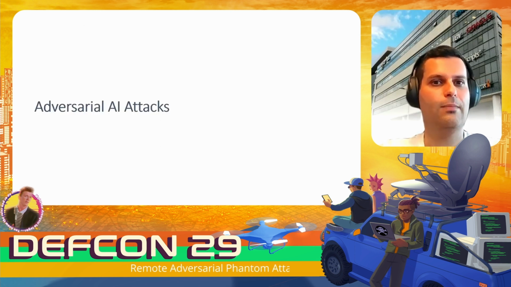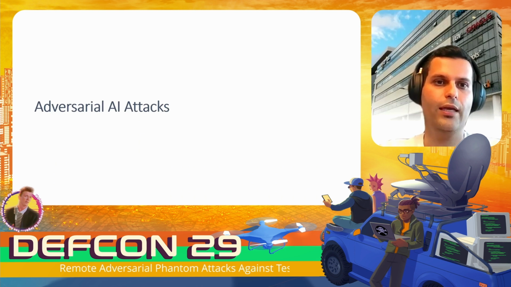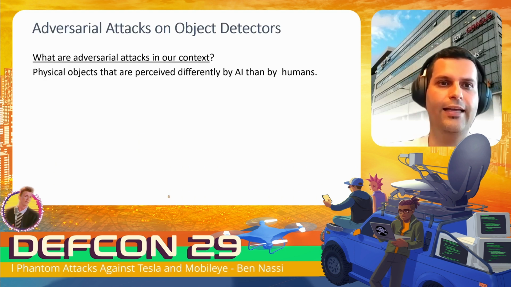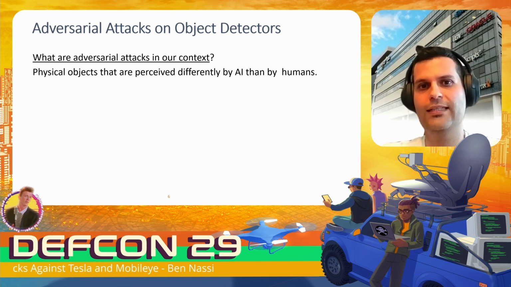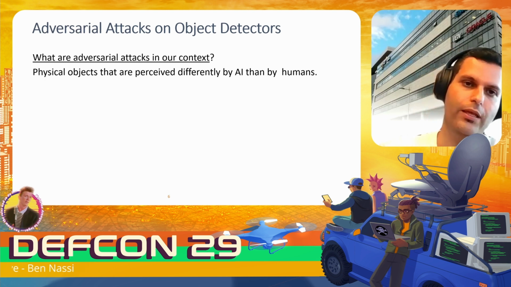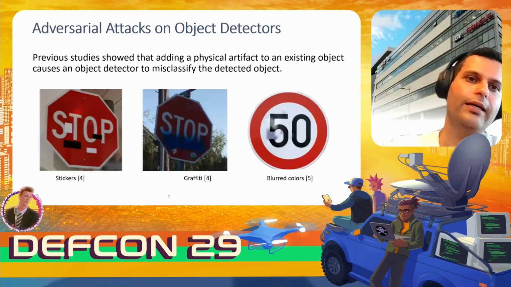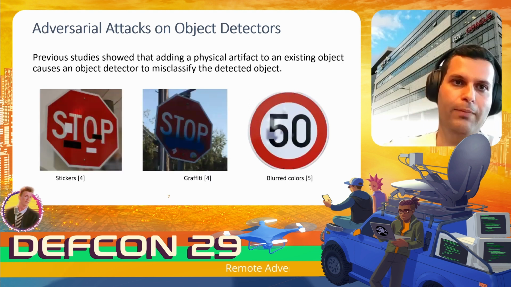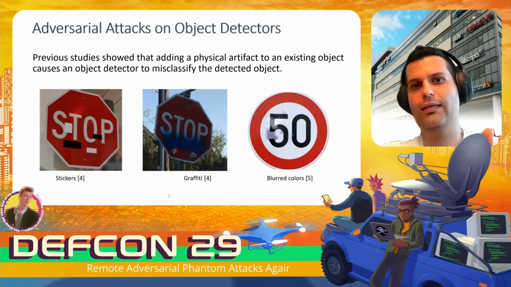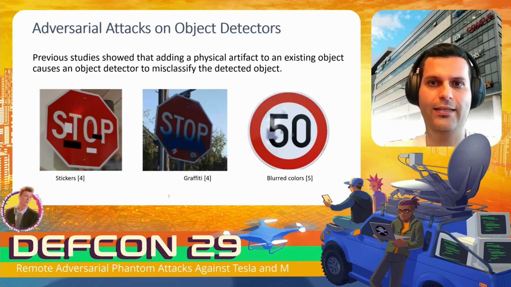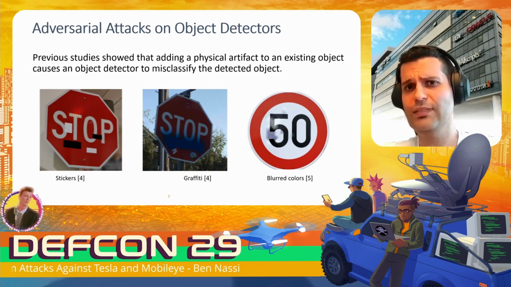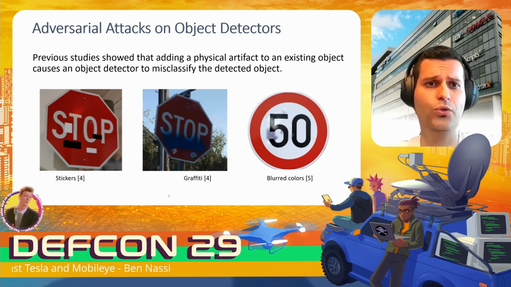Okay, so let's start to discuss adversarial AI attacks. In our context, adversarial AI attacks are physical objects that are perceived differently by AI than by humans. It was already demonstrated by previous studies that object detectors misclassify a detected object if attackers add a physical artifact to the object.